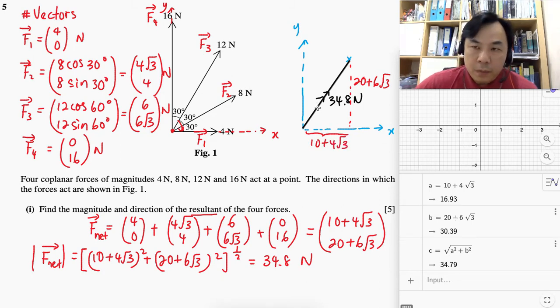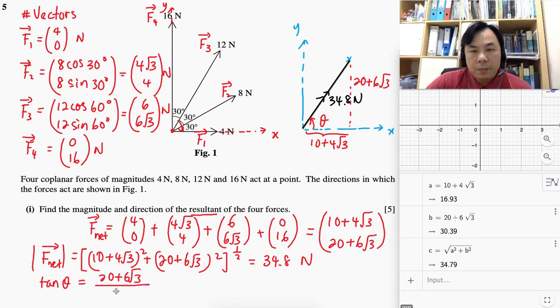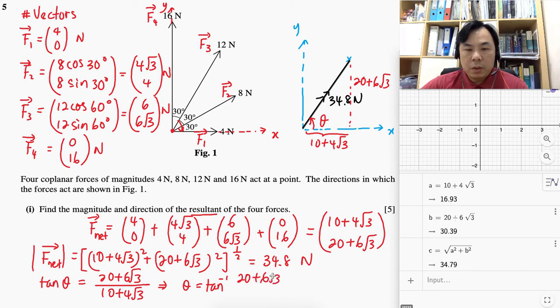And then you can use a very simple reference to the horizontal, for instance. This is the angle. So we can calculate the angle by taking a tangent. The tangent will be (20 plus 6√3) over (10 plus 4√3), and the angle can be obtained easily by taking the inverse tangent. I just write down the full notation.